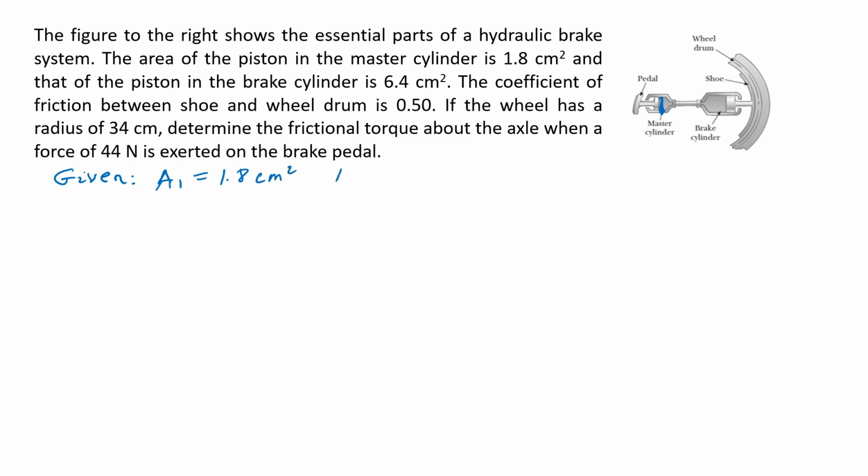And A2 is given, the area of the brake cylinder. That is 6.4 centimeters squared. We are also given the friction coefficient, mu sub k. That's 0.50.